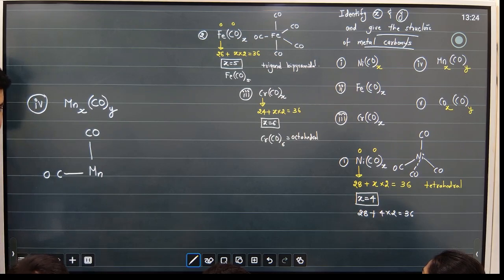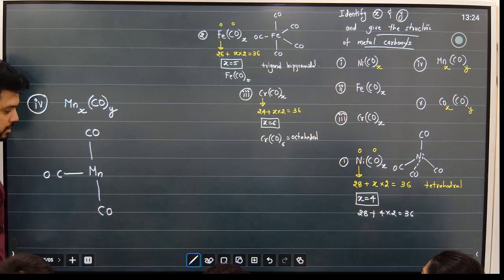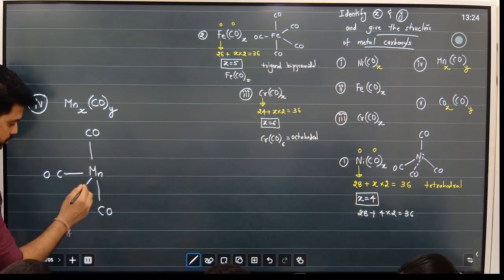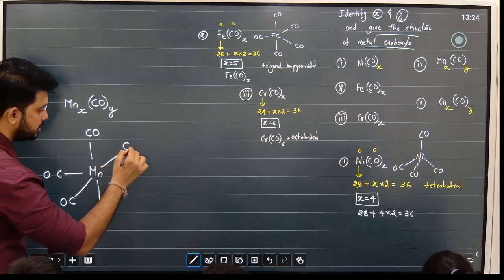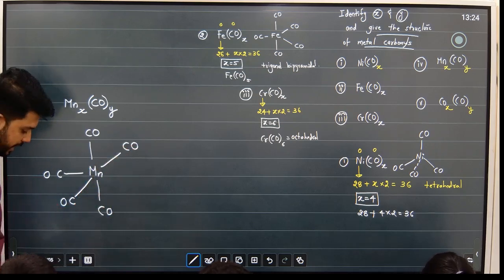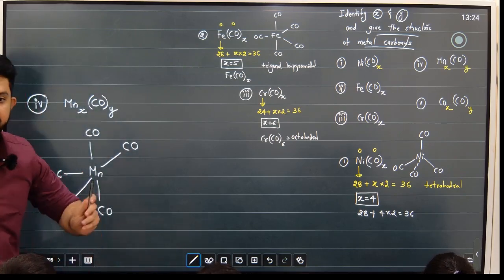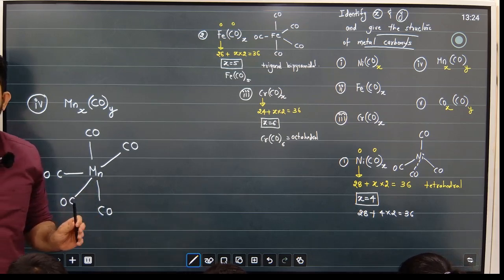How much now? 29. 31. 33. So if I add 5 ligands, or coordination number 5, it will reach EAN of 35. We want it to reach 36.